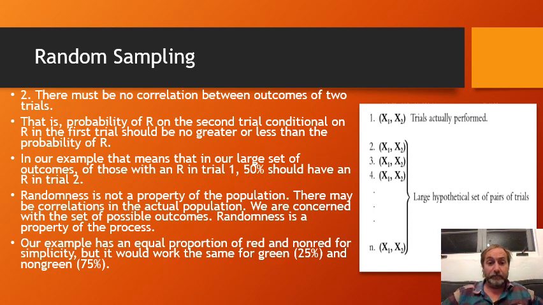It means that of all the sets that have an R for X1, the first trial, 50% of those should have an R in the second trial. There's no correlation. Half of them turn out red, half of them turn out non-red. Again, over the long term.